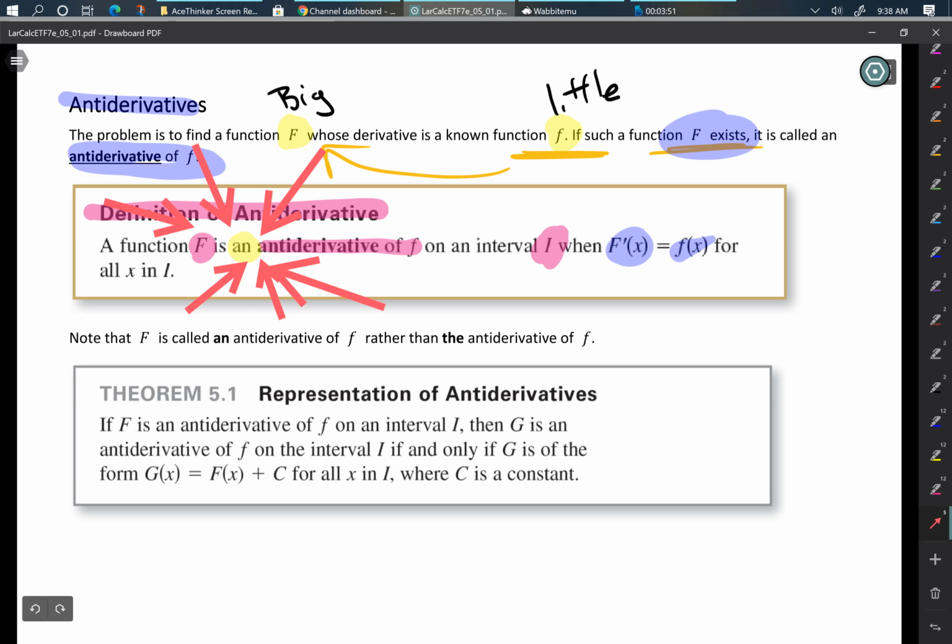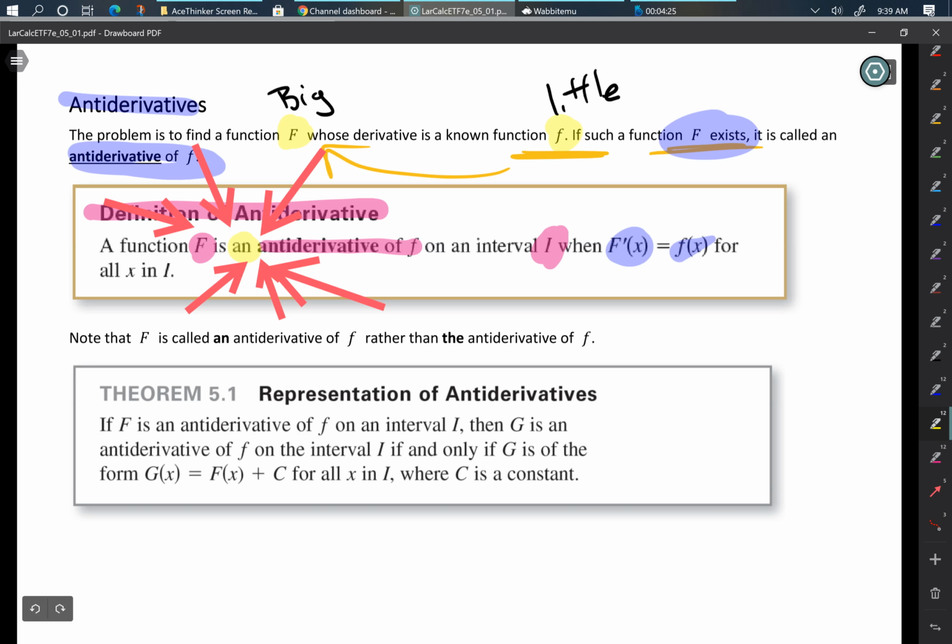So please note that the function big F that we're working with here is called an antiderivative and not the antiderivative, because someone else working on the same problem could find a different antiderivative. Just depends on the function. Now, for many functions, there's one obvious antiderivative, but there are some functions out there where depending on how you look at it and how you treat it, there are antiderivatives that exist that look nothing like each other.